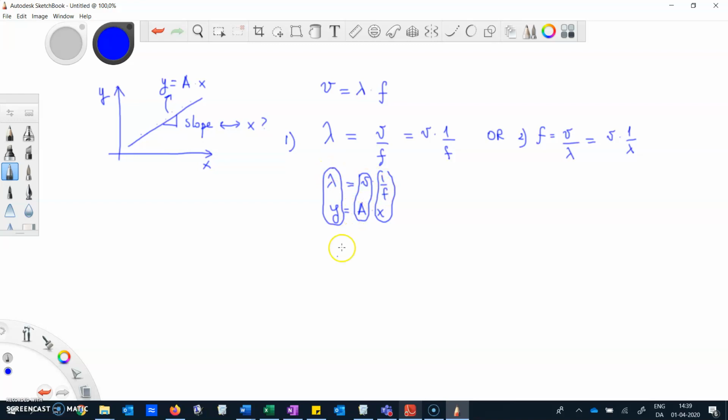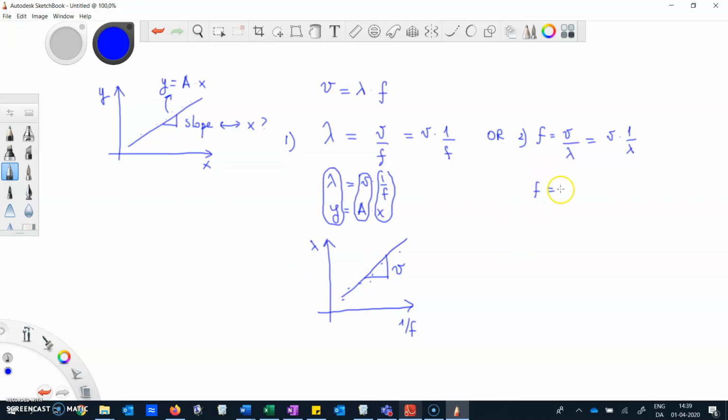So in order to have the speed as the slope of the best fit line, we have to put in the x 1 over f, and we have to put in the y lambda.